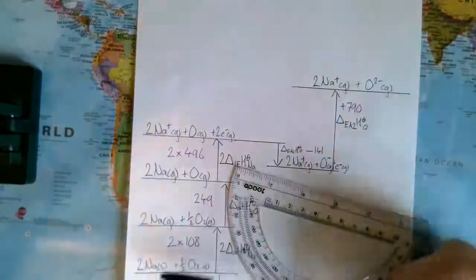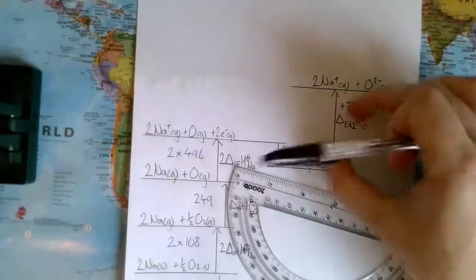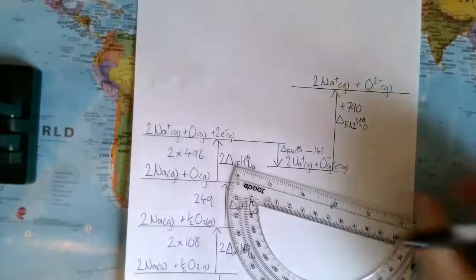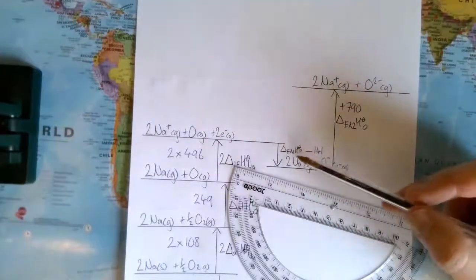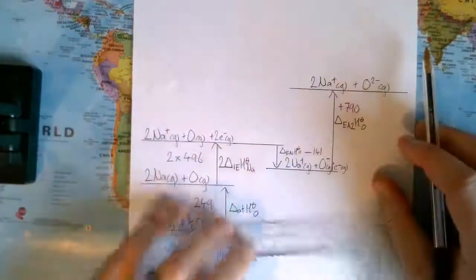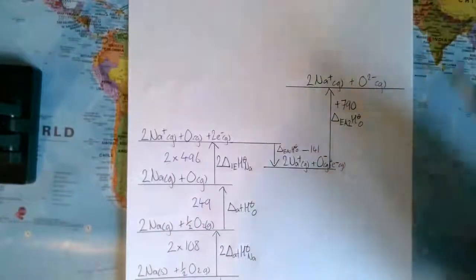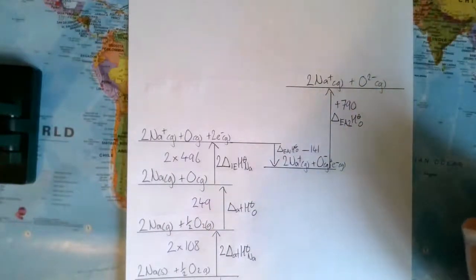Now you can, if you want, combine these two together to get the net change and do it as one step, but only try that if you are feeling really confident about these. Otherwise, as clunky as this seems, it's the way that you are least likely to trip up.